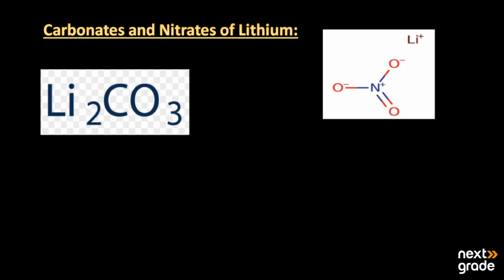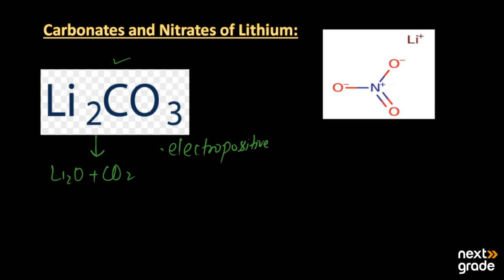When we talk about its carbonates and nitrates, we have lithium carbonate. When it dissociates, it forms two products, that is lithium oxide plus carbon dioxide. Lithium has low electropositive character as compared to the other elements.